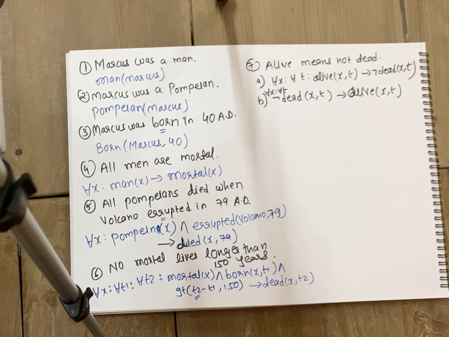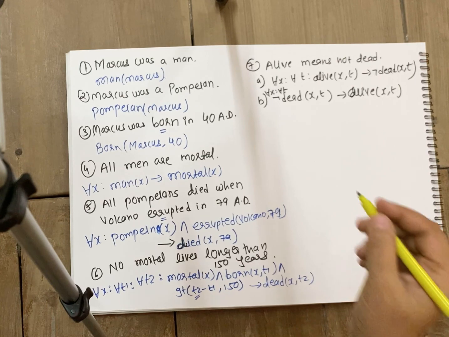Now one more thing that we need to add over here is, let us say that a person died in 1990, and if I ask you whether that person was dead in 2010, yes, because after 1990, for any year that person should be considered as dead. Are you getting what I'm trying to say? After the date of death, for any year, that person should be considered as dead.